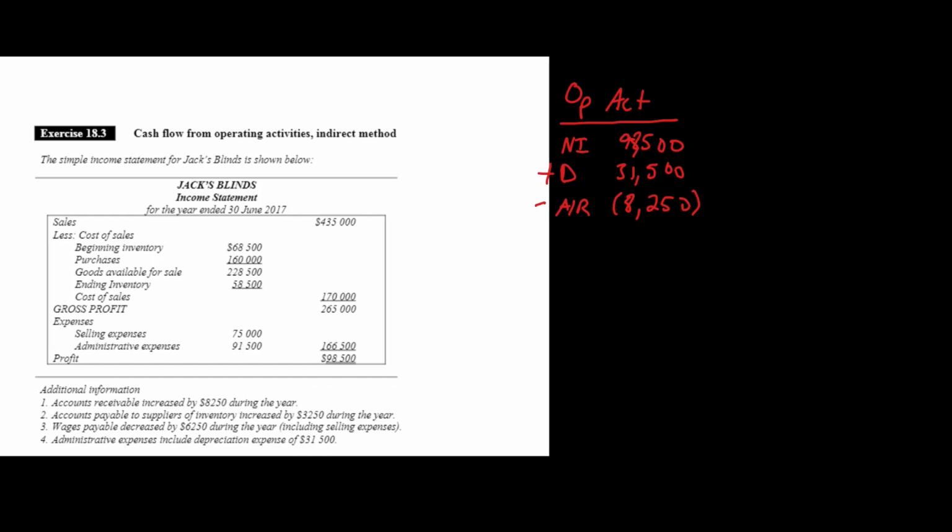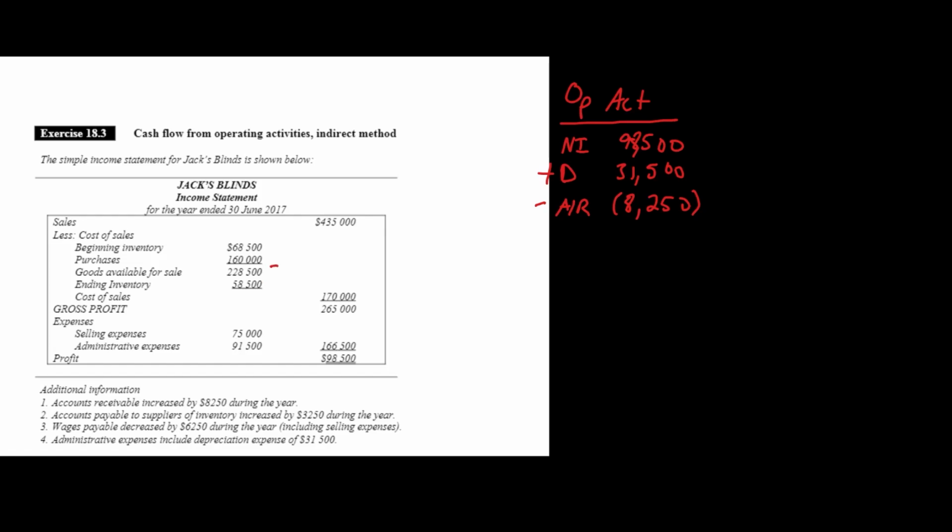The next thing we need to look at is changes in inventory. We have beginning inventory of 68,500, purchases of 160,000, and sales of 170,000, cost of sales. So that means our inventory is decreasing by 10,000, right? We start with 68,500, we have purchases of 160,000, and sales of 170,000.